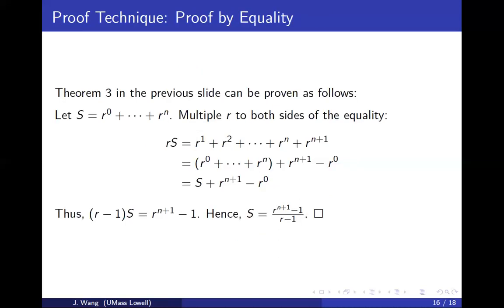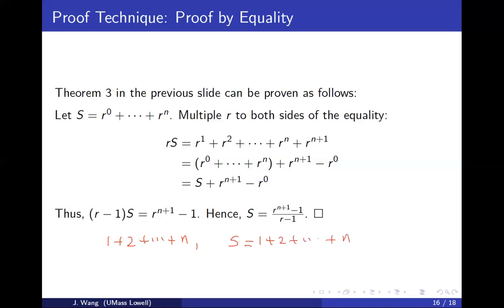Okay, so let me give you another example because that's also useful. How do you add 1 plus 2 up to n? Using this technique, we can just let S be 1 plus 2 plus ... plus n.